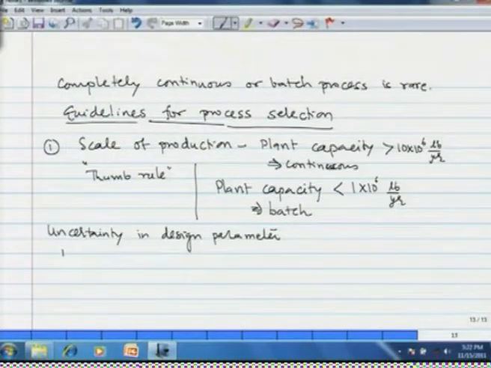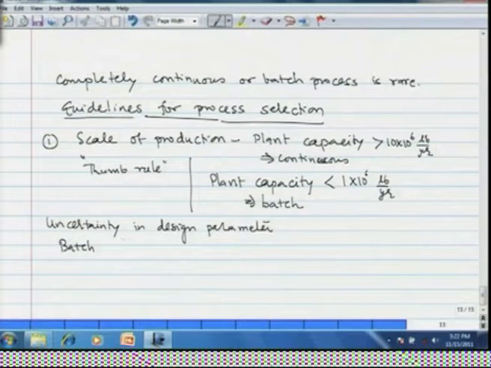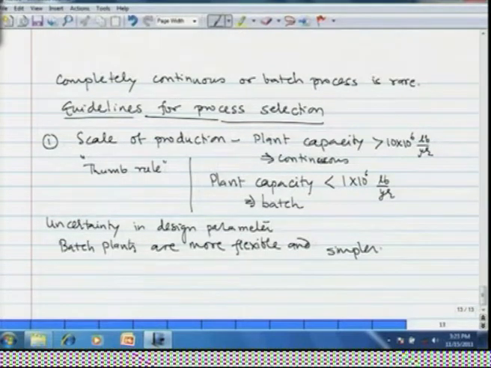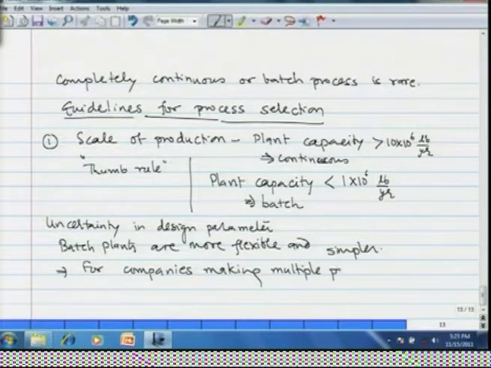So, batch plants are more flexible and simpler. And due to this, for companies or plants making multiple products, a batch process is the most suitable.